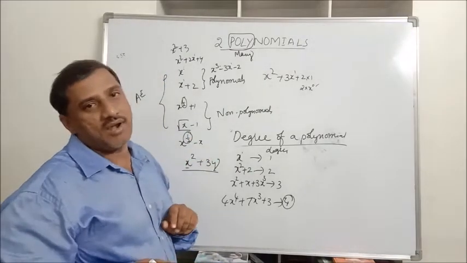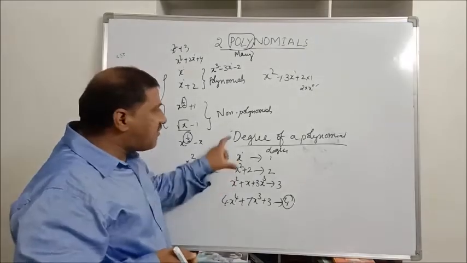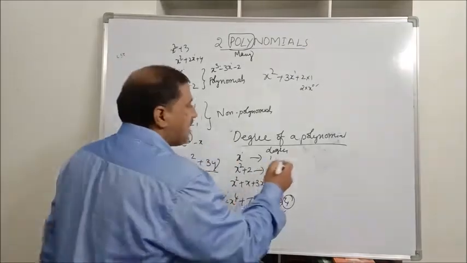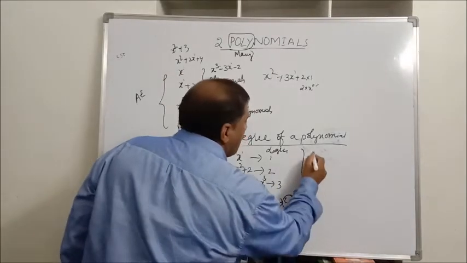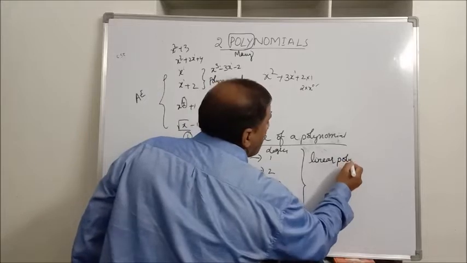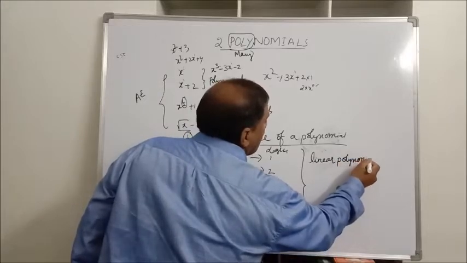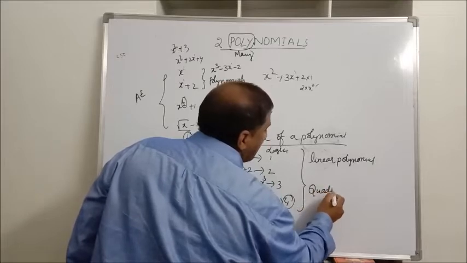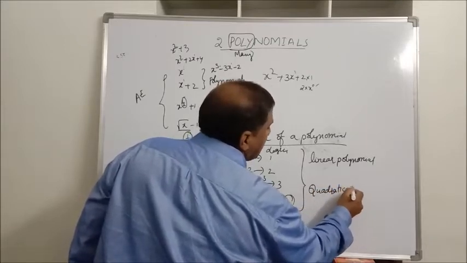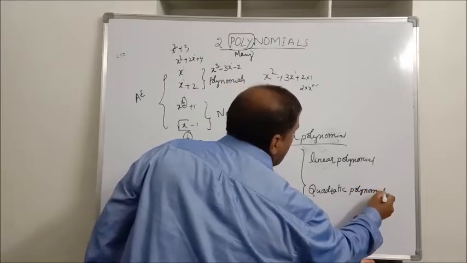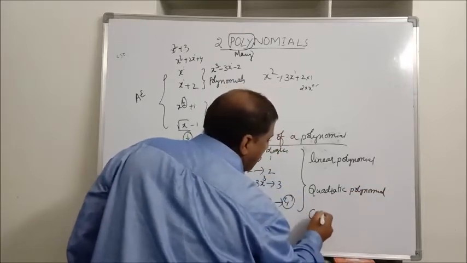So based on the degree, polynomials are classified as linear polynomial, quadratic polynomial, then cubic polynomial.